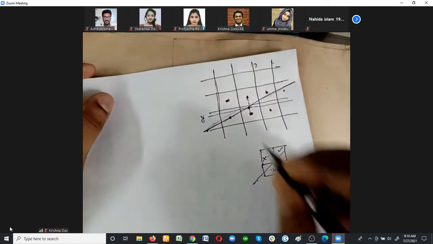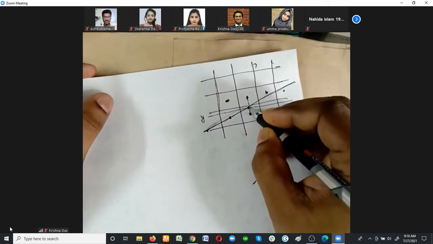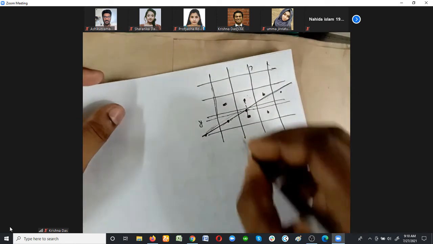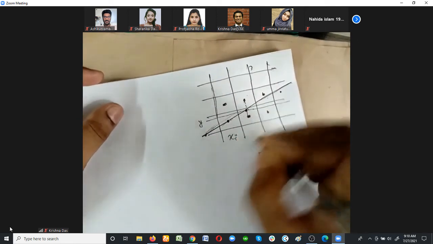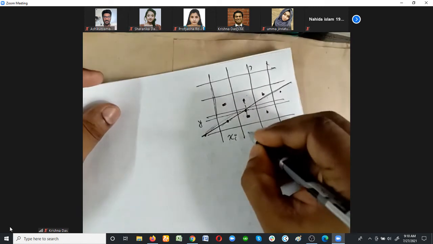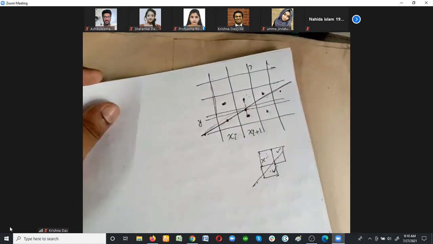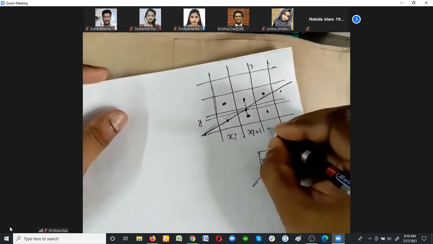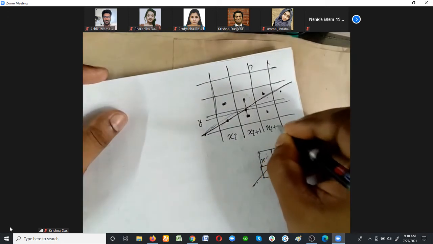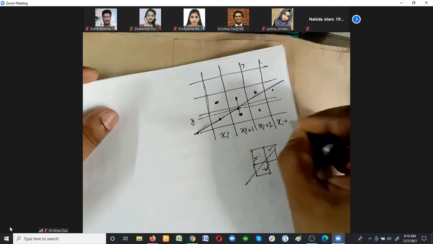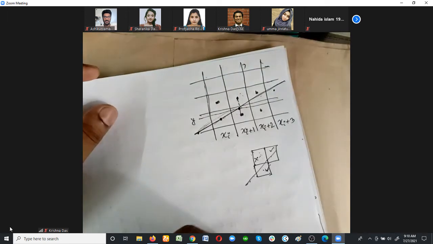And the coordinate for this one is x of i plus 1. If I consider this as my x of i, then what should be the coordinate for this one? x of i plus 1, right? Then x of i plus 2, x of i plus 3, like this.